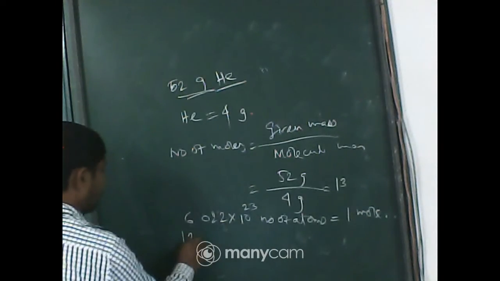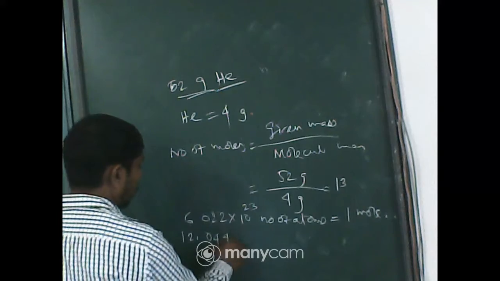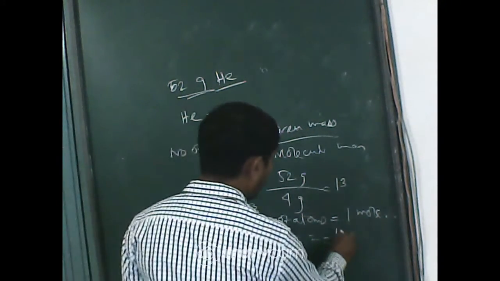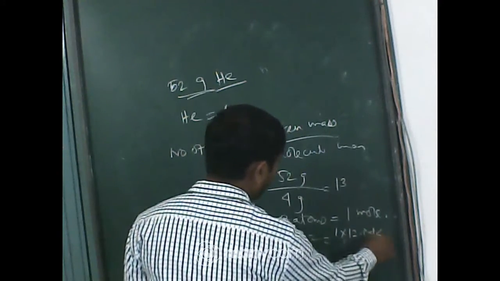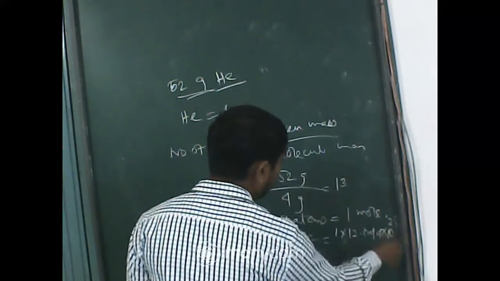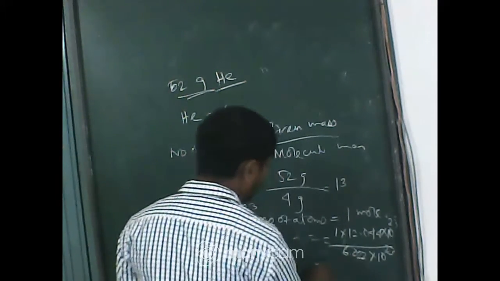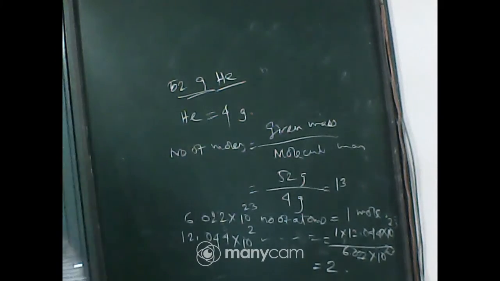So 12.044 × 10^23 atoms equal 1 × 12.044 × 10^23 divided by 6.022 × 10^23. Both cancel out and it becomes 2. So these are two simple problems regarding that. Okay. So that is all about the mole concept.